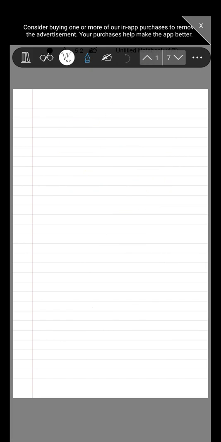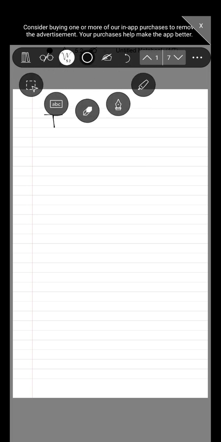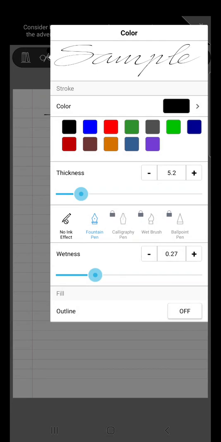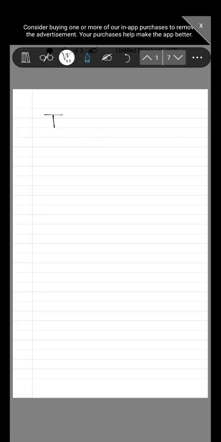Next is what is the transpose of a matrix? The transpose of A, we represent it as A dash.